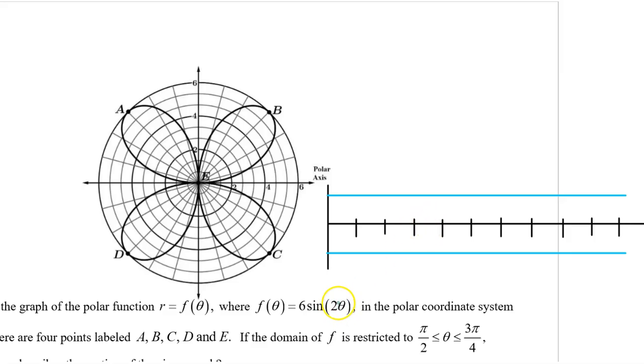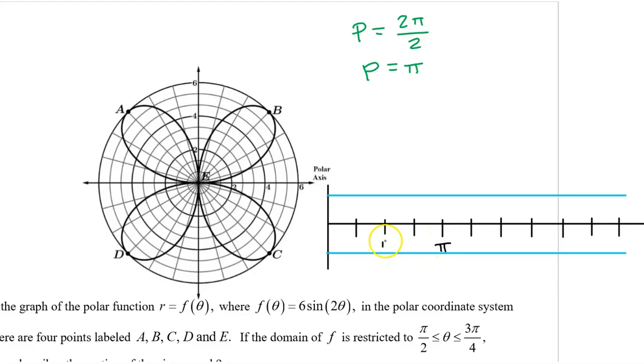Because of this b value of 2, we know the period will be given by 2 pi divided by that b value, 2 pi over 2. So the period will be pi. That's why I'm going to count out 4 quarter periods, 1, 2, 3, 4, and I'm going to drop a pi.